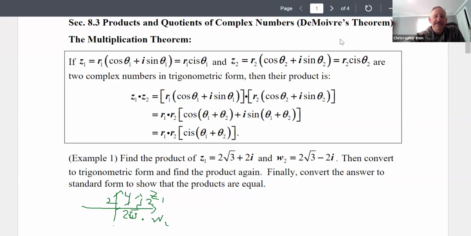So our modulus of z1 is going to be 4. You could also get that by the Pythagorean theorem. Now if I look at w2, everything is the same, except I go down 2. So we know that the modulus of w2 is going to be 4 as well.